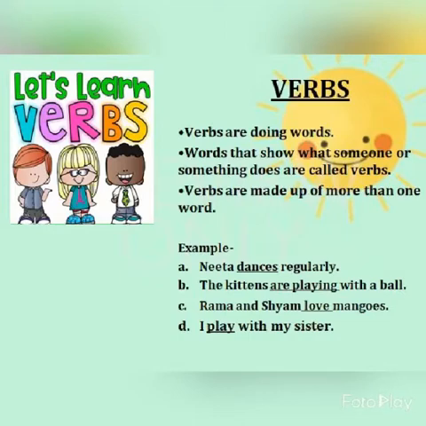One is a helping verb and one is a main verb. Rama and Shama love mangoes. Now in this sentence, love is the verb. I play with my sister. Play is a verb. So now it is clear to you all what verbs are.